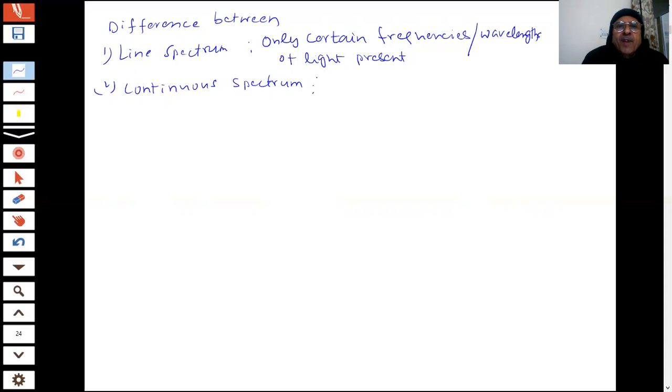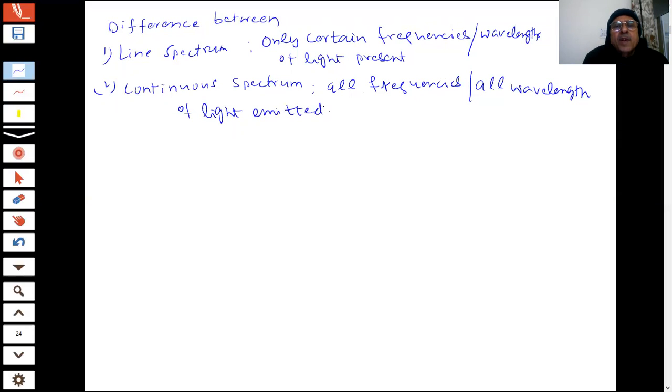When it is a continuous spectrum, it means all frequencies or all wavelengths of light will be emitted. In the case of hydrogen, you are not getting a continuous spectrum.